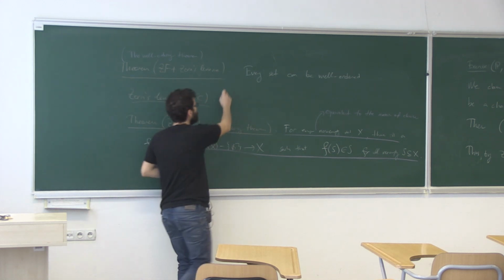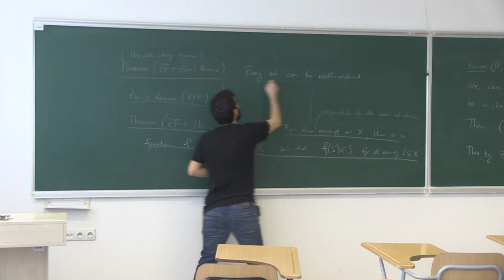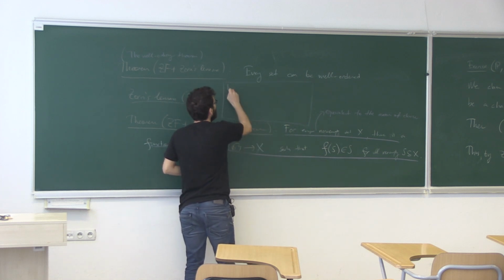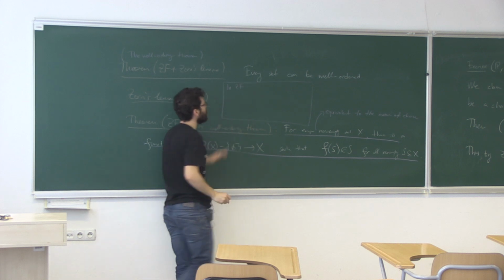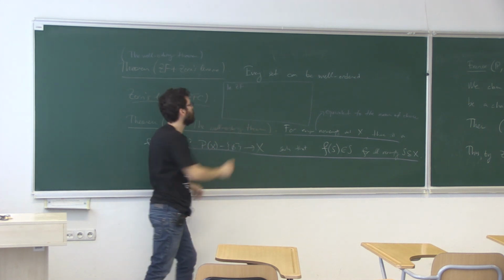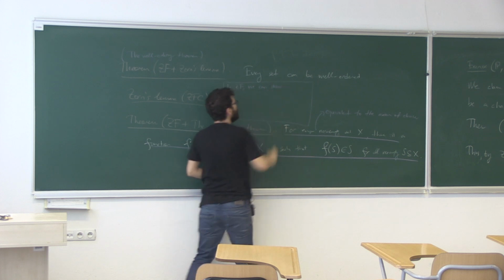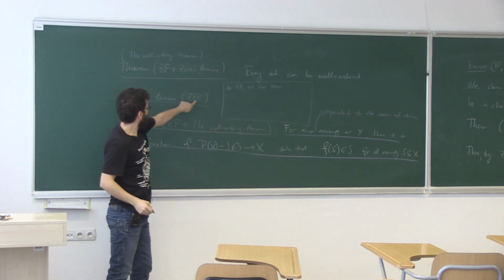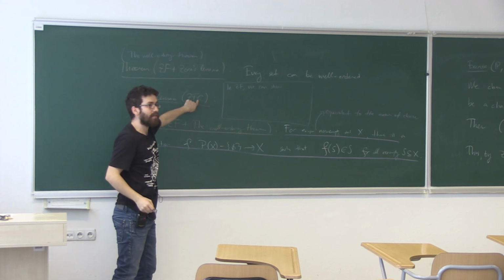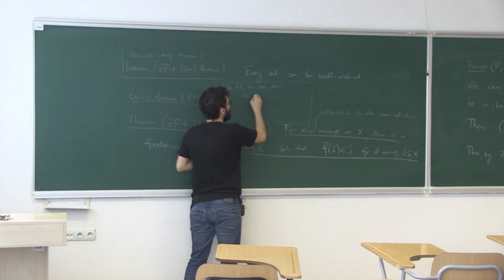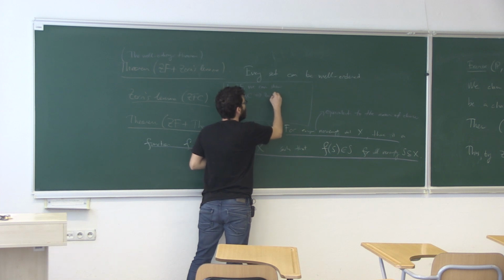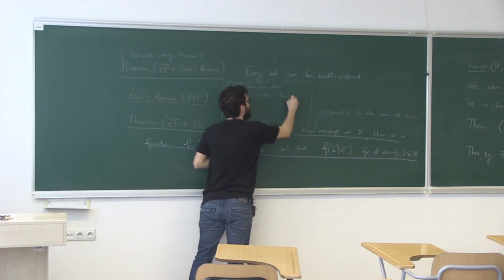What this shows us is the following. I'm going to prove this in a second. If I just assume the axioms of ZF, we can show the following. When I assume the axiom of choice, I can prove Zorn's lemma. This is the first thing I did.